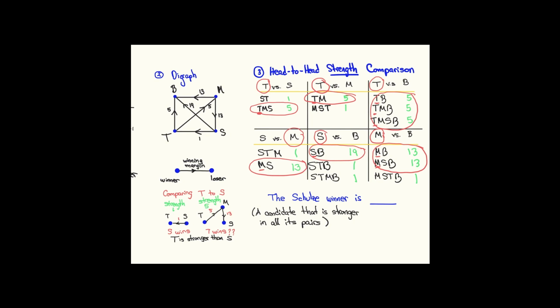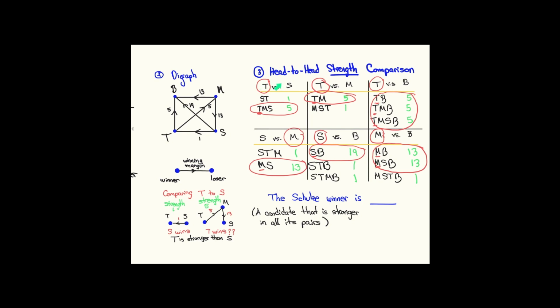All right, we've done all the work. We just have to answer who is the Schulze winner. It works as when we're finding a Condorcet winner. We have head-to-head comparisons, but now we're interested in the strength. We want a candidate that is stronger in all its pairs.